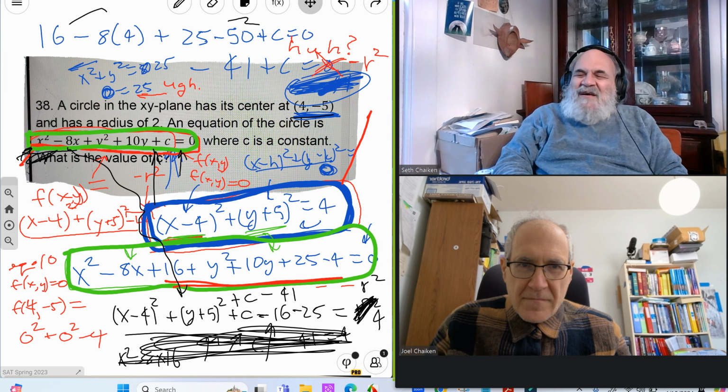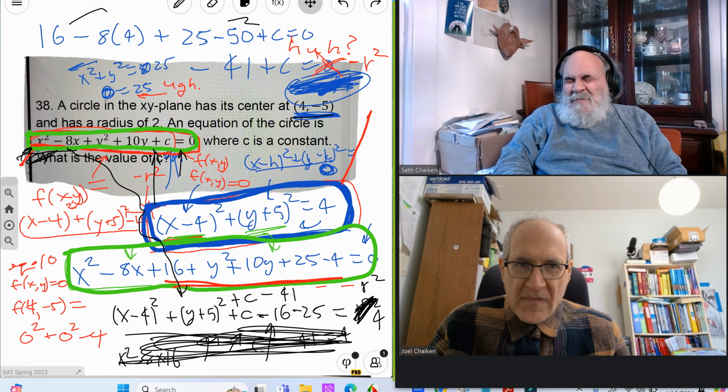What you do with completing the square is to generate an equation that has x within a square, y within a square, a constant sitting outside everything, where the equation you get is equivalent to the equation they give you. And when you do that algebraic process, you can read off what the center and the radius are.